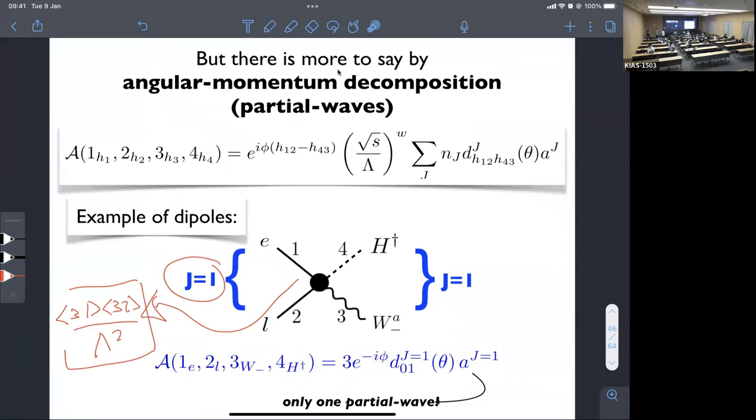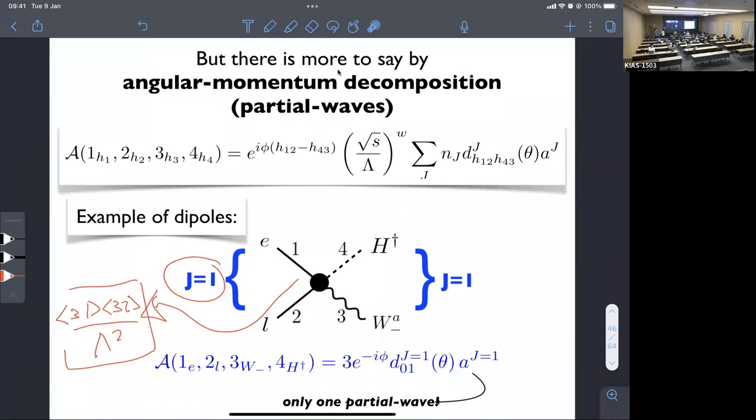Maybe here is okay. So I misunderstood. Maybe I misunderstood, but because the helicity is flipping for the dipole moment for the electron, I simply thought that the summation of the helicity is J equals 0.